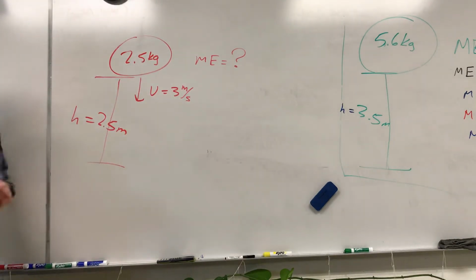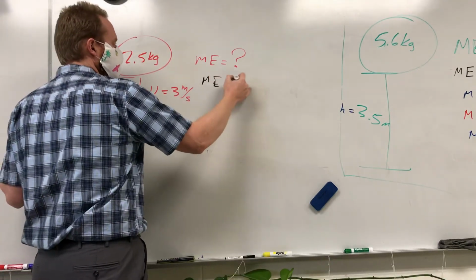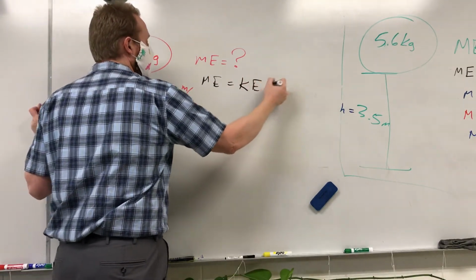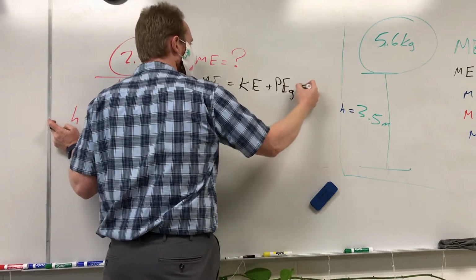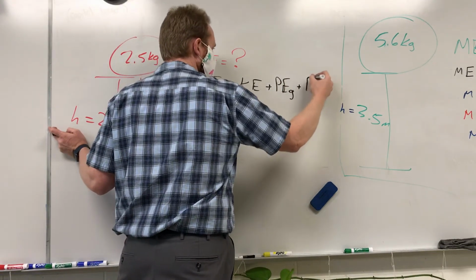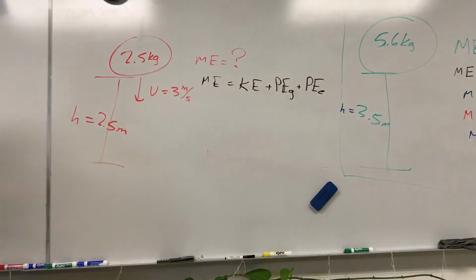Single location, right? We're only talking about how much energy it has at that one point. So how much mechanical energy, how much kinetic, gravitational potential, and elastic potential energy does this object have?